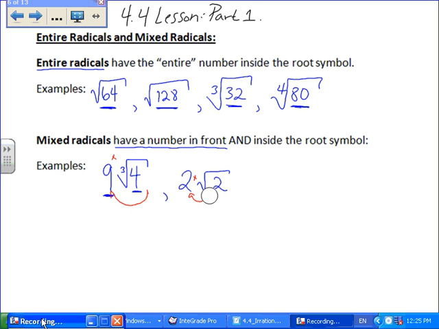I'll erase that for now to keep it simple, and we'll look at how we do this in just a moment. But really, an easy way to recognize a mixed radical is one where there's a number out front that is not a radical and a number that is a radical, so it's appearing inside the root symbol. So that's the definition of entire radicals and mixed radicals.